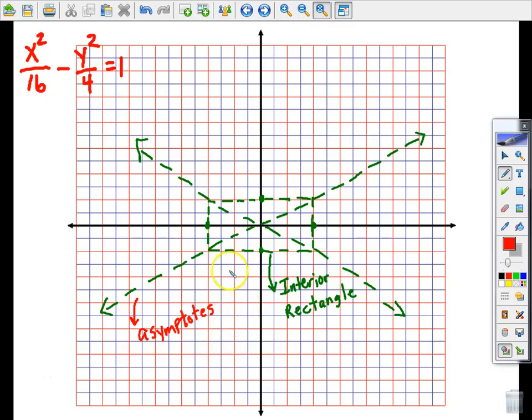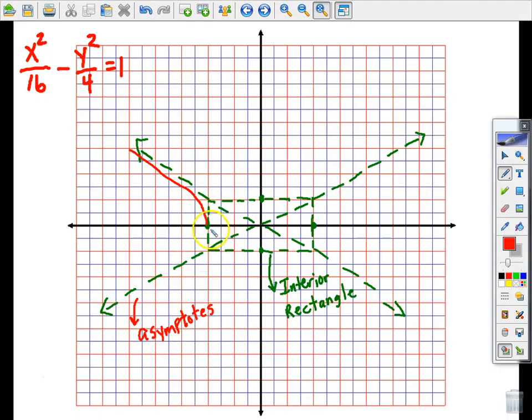All right, so I notice in my equation that x comes before y. And we said in the previous slide, whenever x is the first variable, then that's the axis that I'm actually going to be crossing with my curves. So I'm going to draw a curve using these asymptote lines. I'm going to draw a parabola that goes through this end point of the interior rectangle.